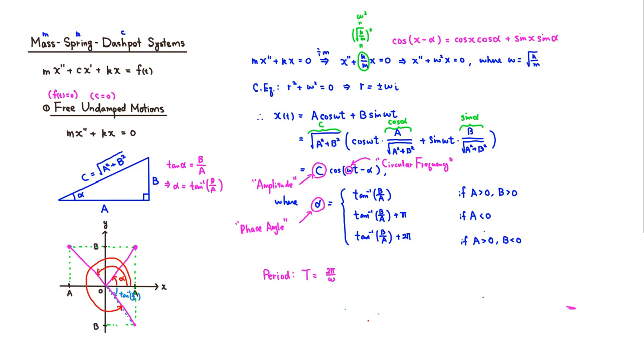It might make sense to rewrite that equation as x of t equals C times cosine, and if you pull out the omega, you have omega times t minus alpha over omega.